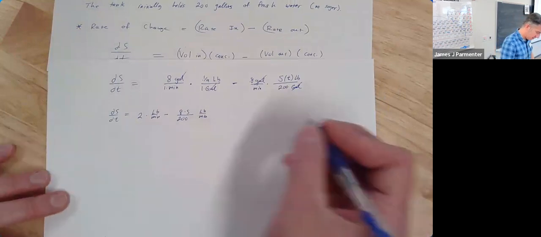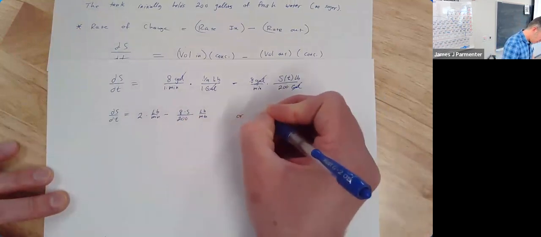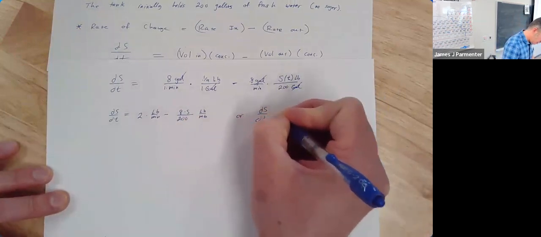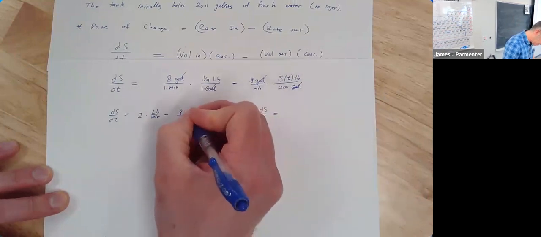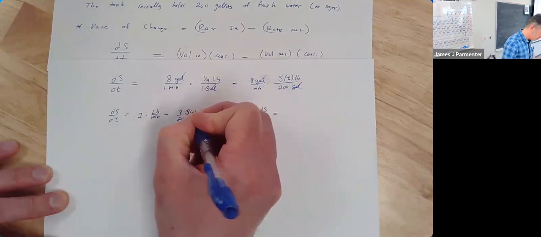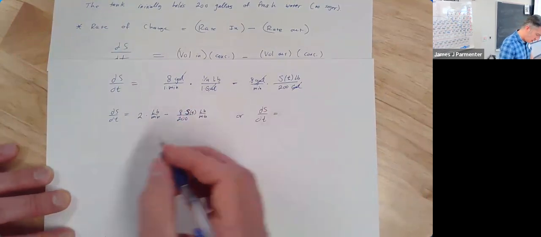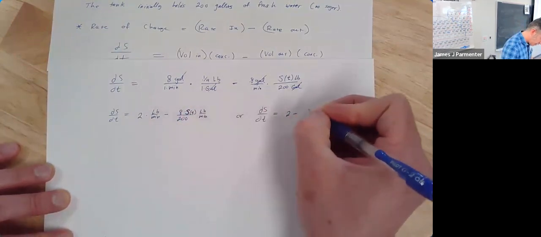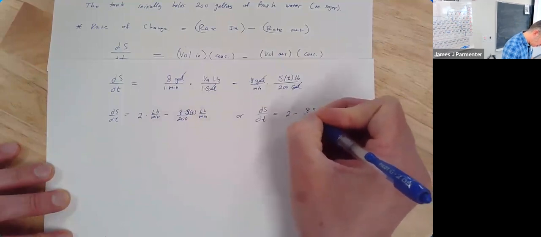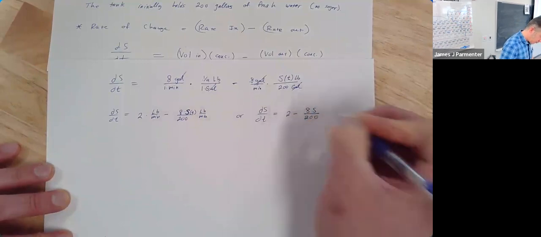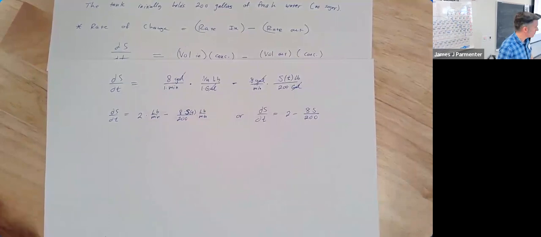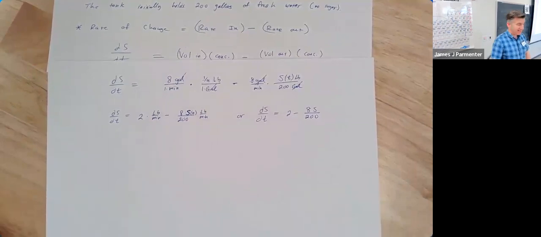So I'd simplify this down to just ds dt equal to, and that's an S. Sorry, my S's sometimes look like 5s. That's why I often like to put S of t to make sure we know it's the function S. It's going to be 2 minus 8S over 200. So that's our setup.